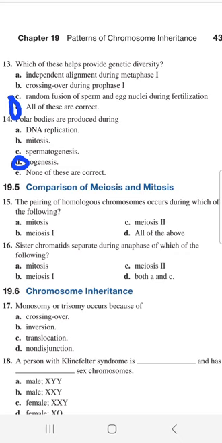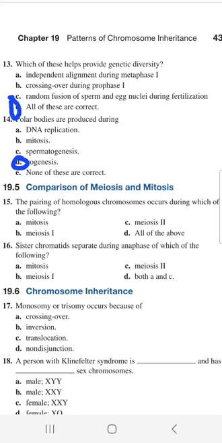Meiosis 2, no, it's just sister chromatids. So I do not have the option for A and B, so there's something wrong. When we say homologous chromosomes, we mean homologous pairs. So they occur in the pairing.